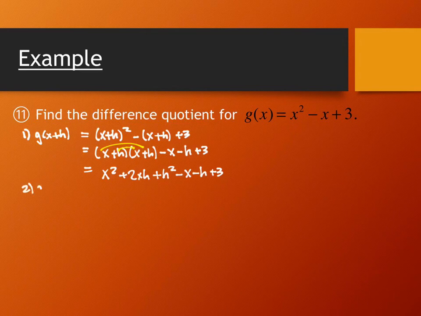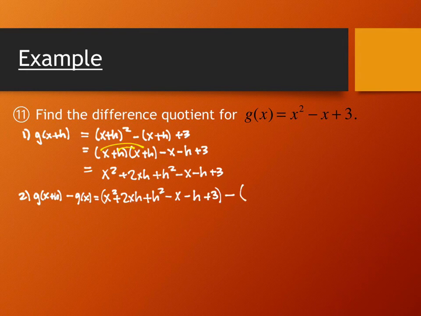Step 2 then is to take that same g of x plus h I just did and subtract g of x. So remember, labeling your steps. That's what I'm going to expect to see on your homework if you decide to do this in a 3-step method. So we're going to have that same piece I just found, x squared plus 2xh plus h squared minus x minus h plus 3.